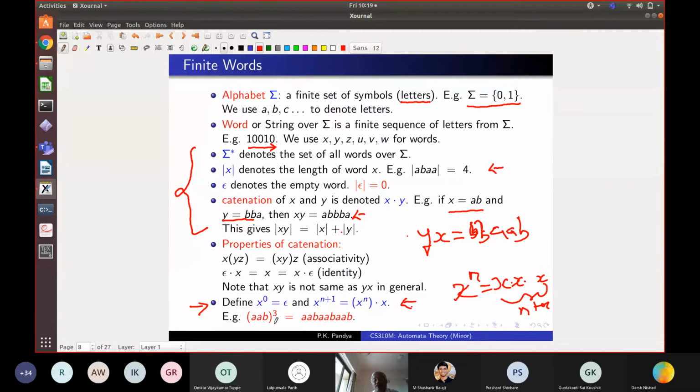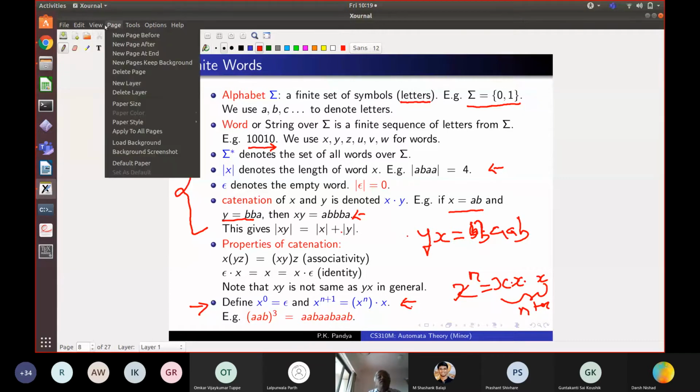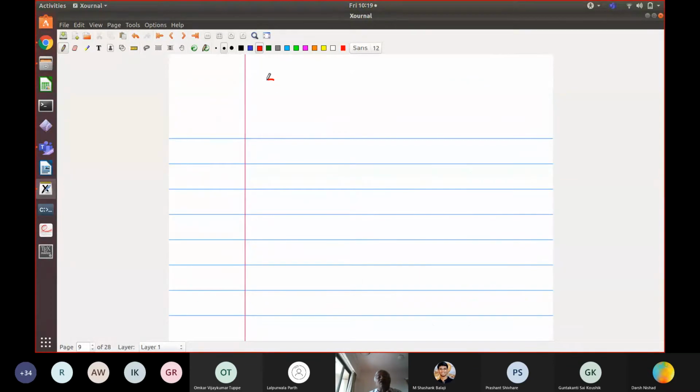We can do a detailed calculation of this using this definition. Let me do that so that you get used to it; this is how a computer would understand. A computer will understand this definition: x to the power 0 is epsilon, and x to the power n plus 1 is, first you calculate x to the power n somehow, and then you catenate x with that.